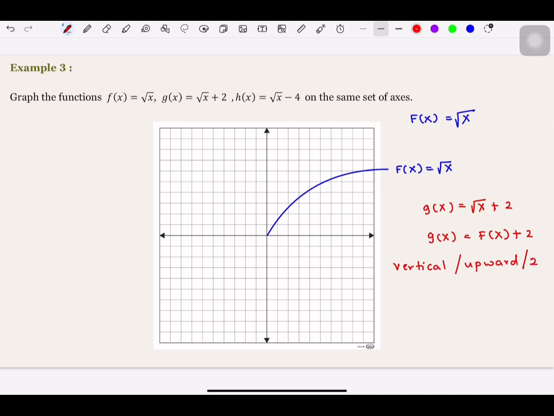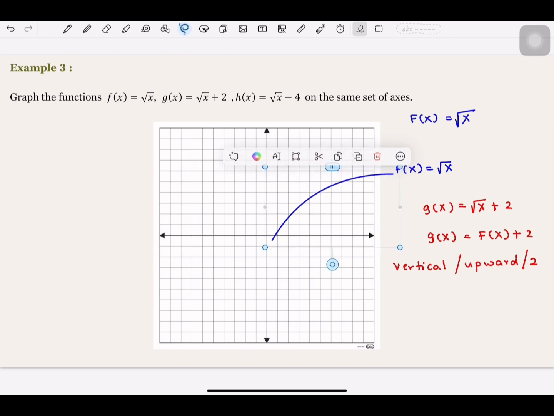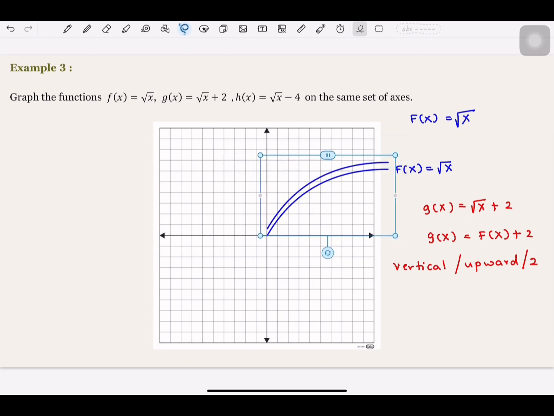Okay, so let's copy this exact same function and then let's move this 2 units up. So from here to here it's just 1 unit, and from here to here 2 units. So this is going to be your g of x, square root x plus 2.